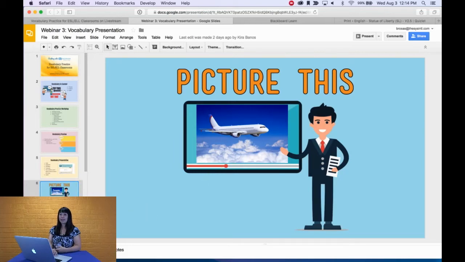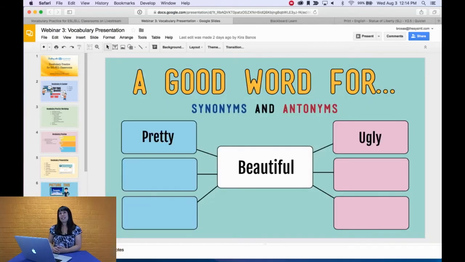All right. Another extension is word study. So we talked about synonyms and antonyms. A good word for it is a game built off of basically a graphic organizer. So you can make a complete graphic organizer of just synonyms or just antonyms, or you can mix it. So for example, you see this graphic organizer, beautiful.